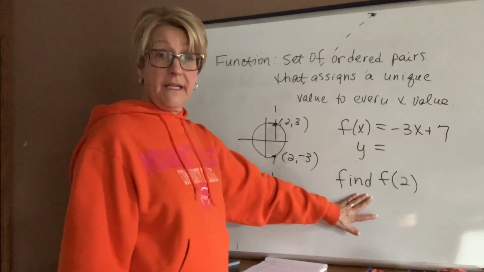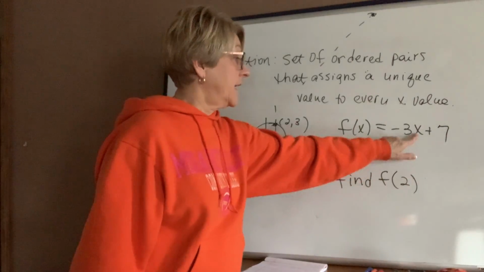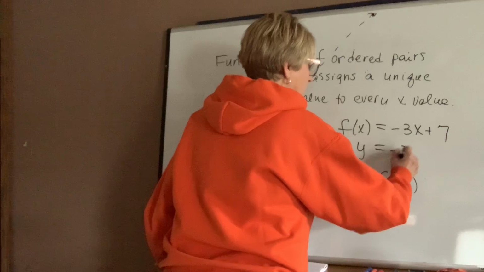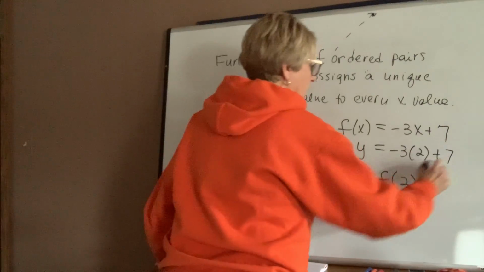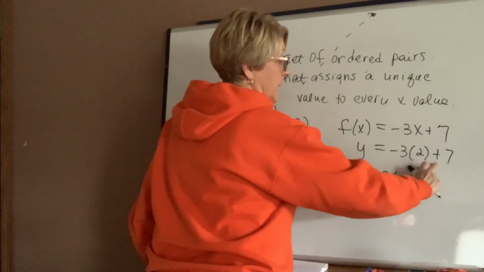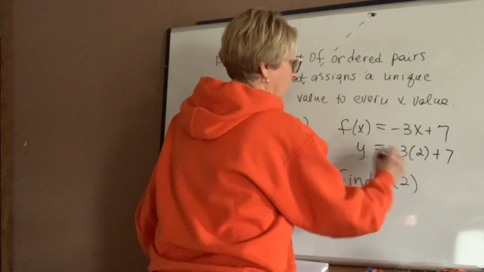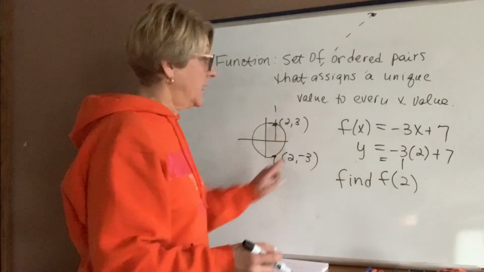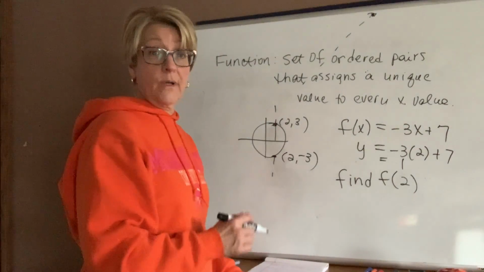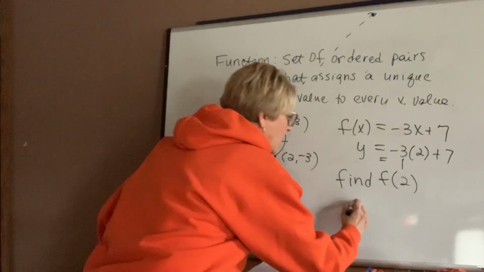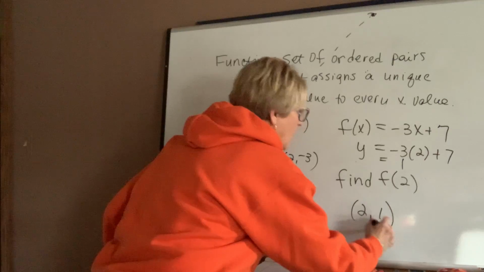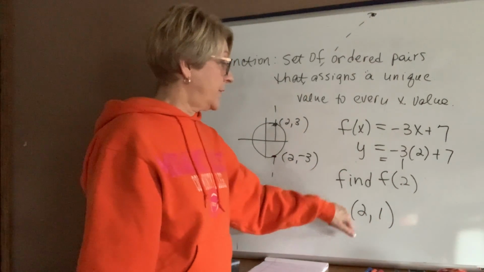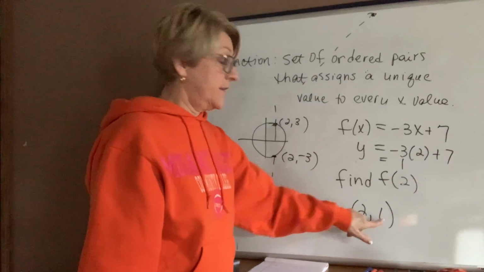Okay, what does that mean? Take that value, plug it in for x, and do that calculation. So we get negative 6 plus 7, which is 1. And that represents a point on this line. What's the point? The point is 2, 1. So the x coordinate is 2, and the y coordinate is what we found.